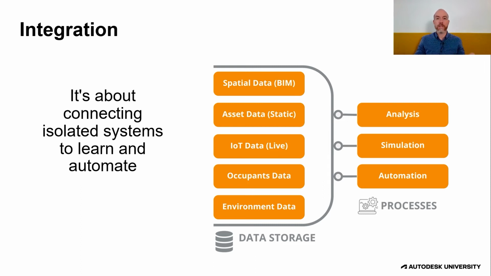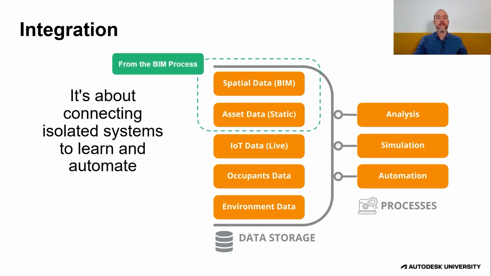What's the temperature outside? And you create all that in a stack, and it's about integration of data so that you can then apply analysis, simulation, and automation on top of that. And a key thing to understand is BIM is part of this process. It's not something separate. It actually forms the first two steps.